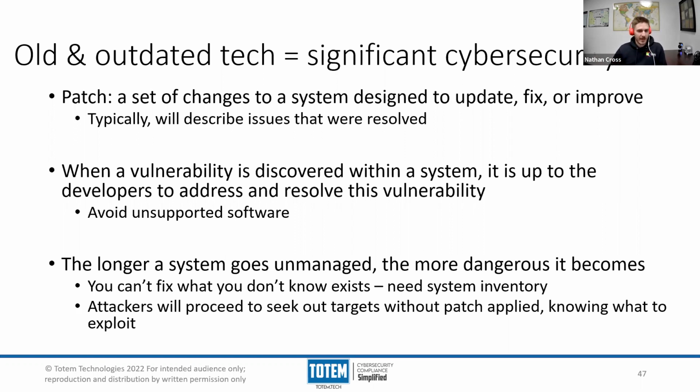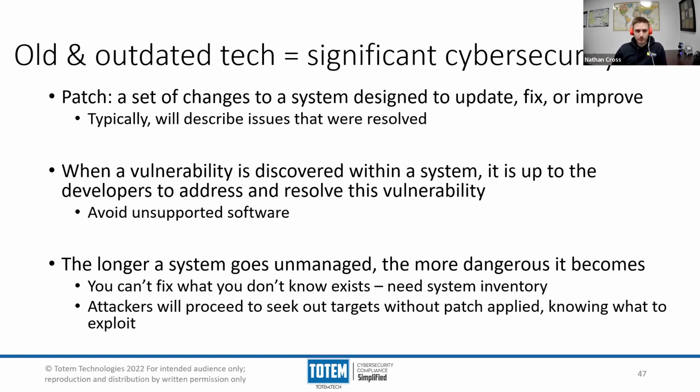When we talk about patching in the context of cybersecurity, we're usually talking about a patch addressing some sort of vulnerability or some sort of error or issue within the system. But patches could also include feature updates, maybe to improve the usability of a given program to make it more user-friendly, to add new features or whatnot.